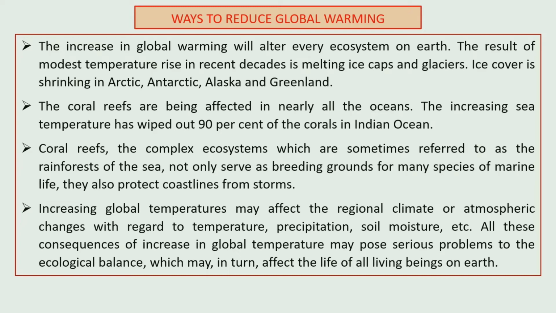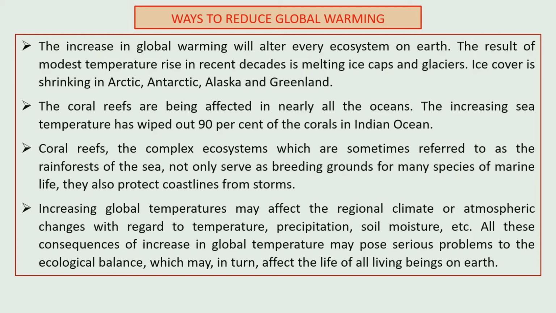So due to global warming and rise in temperature, it has been observed in recent decades that melting of ice caps and glaciers is happening a lot, and there is shrinking of ice cover in the Arctic, Antarctic, Alaska and Greenland, mainly near polar areas.